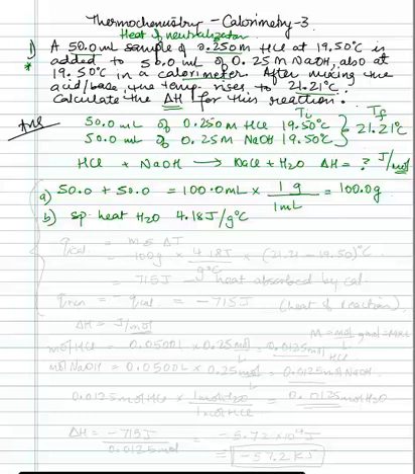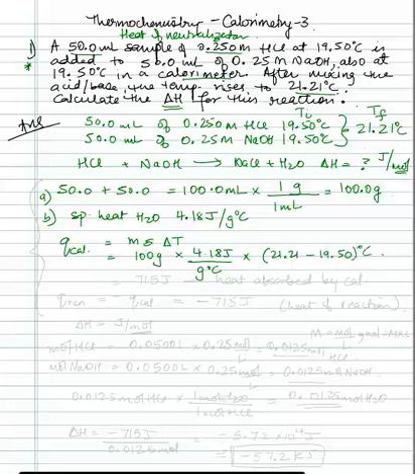So for example, let's go ahead and find the heat released in the calorimeter, and that's going to be mass, specific heat, and then of course delta T. So the mass is 100 grams. Specific heat is 4.18 joules per gram degree Celsius, and then the temperature change is going to be 21.21 minus 19.50 degrees Celsius.